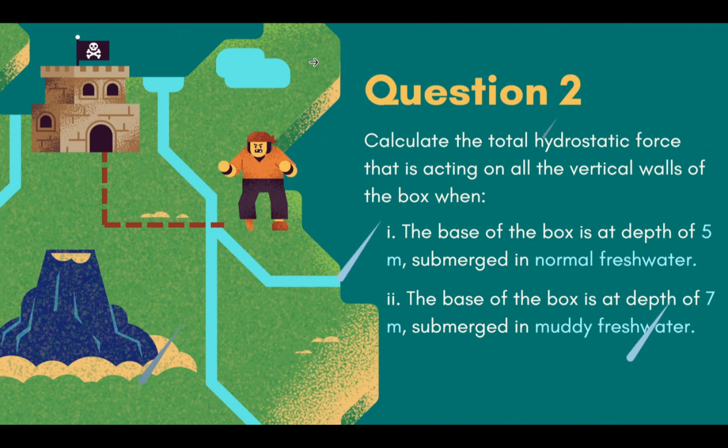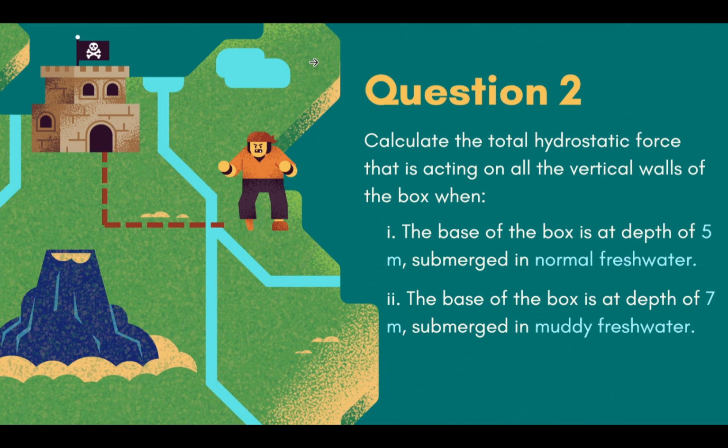We are given that the density of fresh water at 25 degrees Celsius is 1,000 kilograms per meter cube. Before solving, calculating the fluid force on a vertical surface is quite complicated because of the depth, which makes the pressure not constant across the vertical surface of the box.